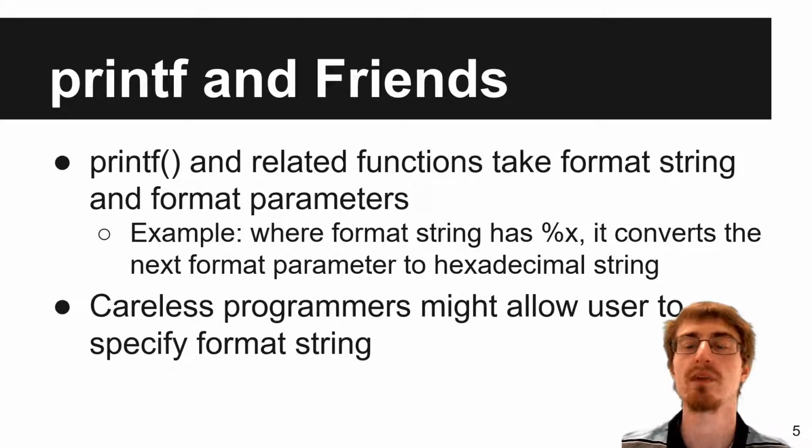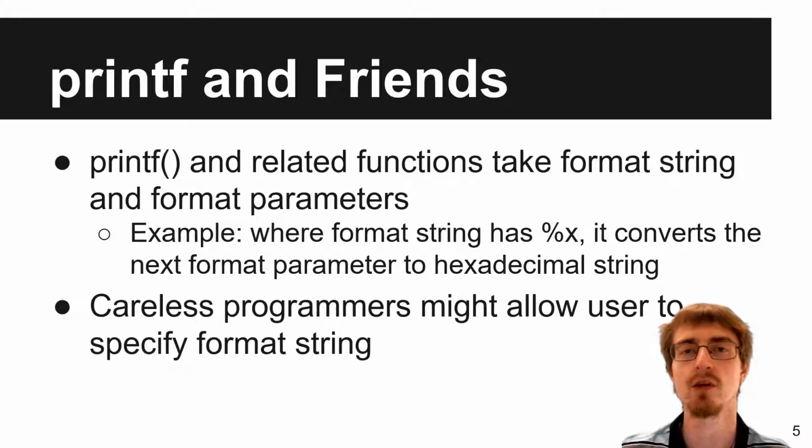So what they do is they take a format string and they take some format parameters. So printf is a bit of a special function in the sense that it can take an arbitrary number of parameters. Now what the function does is it takes the format string and interprets the % sign as a format.